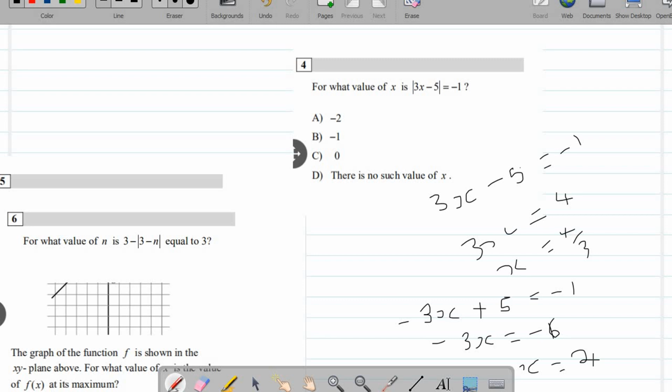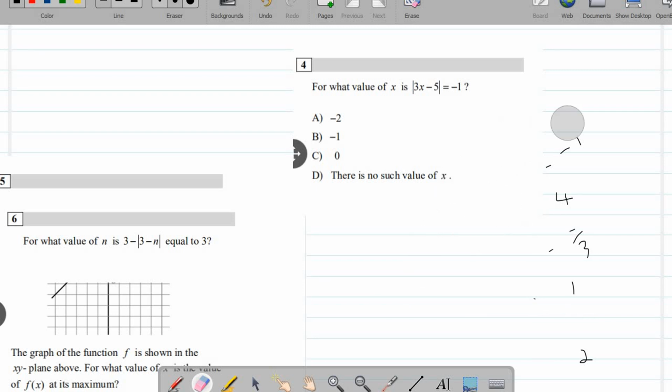You sure we did it right? 3x minus 5 equal to minus 1. So say for what values of x is this equal to minus 1? Another way you can also translate that is by equating it to 0, like making 3x minus 5 plus 1 equal to 0. That's another thing you can do there. So minus 5 plus 1 equal to 0.